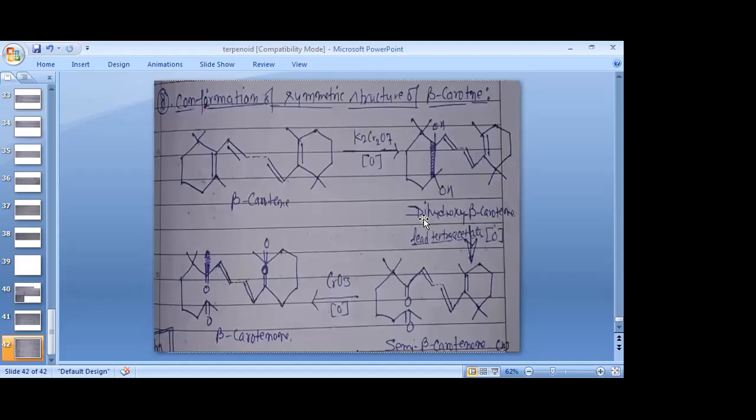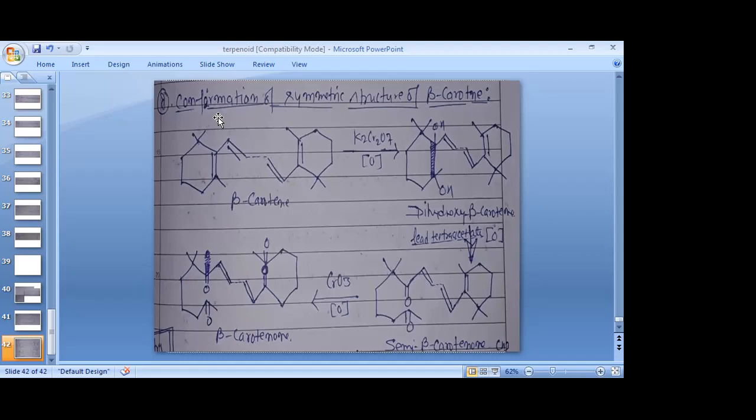Now after that, the compound is symmetric. The conformation of the symmetric structure of beta carotene. Now the point comes: if we talk about symmetric structure, is the structure of beta carotene symmetric or not, right? For that, this reaction is very useful.